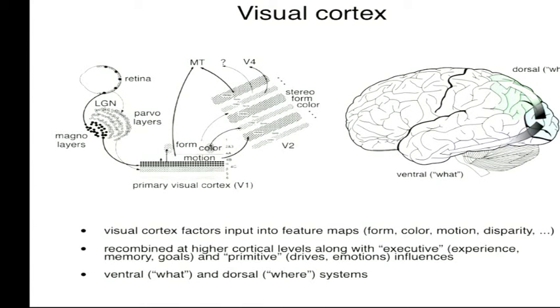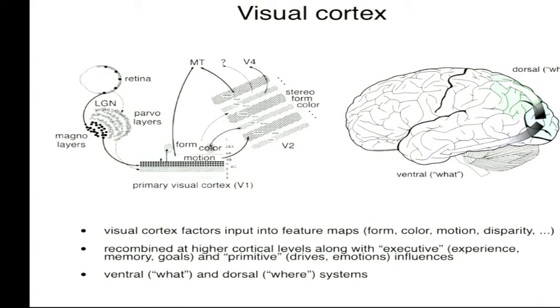So, what your experience is, what you remember, what your goals are, what the task is that you're trying to do, right? And then also primitive influences like emotions and drives, right? The lizard brain, right? The thing that makes you see a red and go, oh, must mean danger. Red means danger, right? So there's all that going on in your visual system, in your perception. So it's very much a construct.